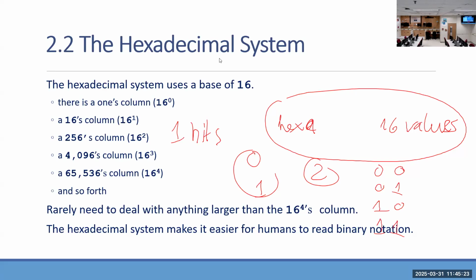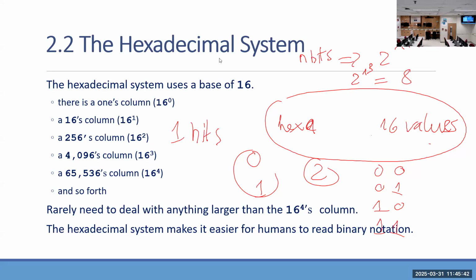What do you think? 8. So actually the formula here, if you have n bits, in total you have 2 raised to the power n values. Right? So if you have 3 bits, you have 2 raised to the power 3, you have 8 values here.